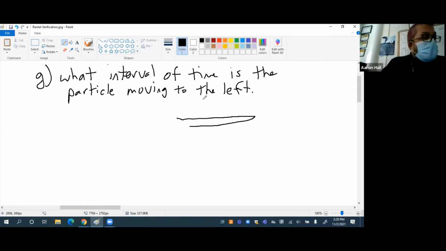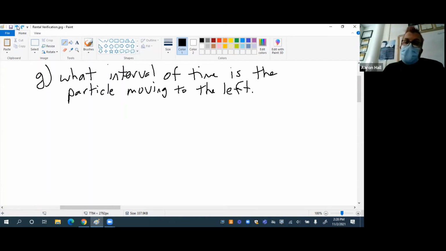In fact, usually we don't consider time before time 0 anyway. But let's just say that we're going to use what's called a sign diagram to determine what intervals the graph is moving to the left and to the right.